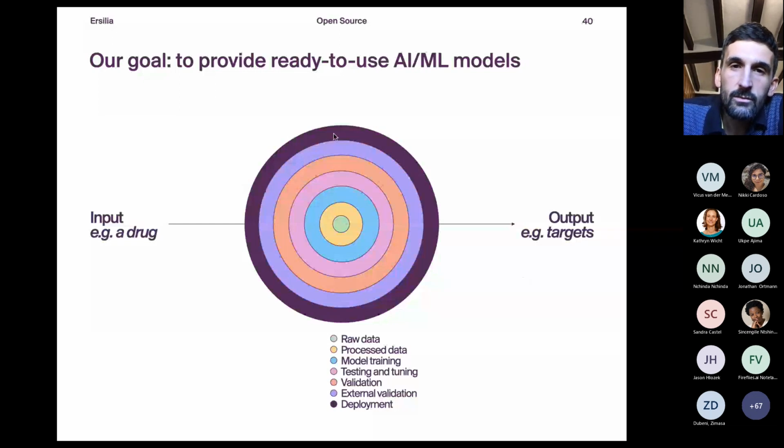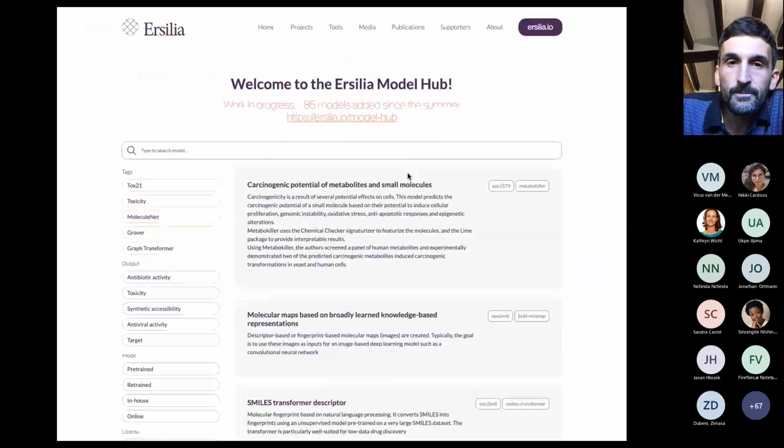This outer layer is usually not very well developed in academic research because publication stops before. So our mission as an organization is to provide this outer layer to as many published models as possible so that they become useful to everyone. This is a snapshot of the Ersilia Model Hub.